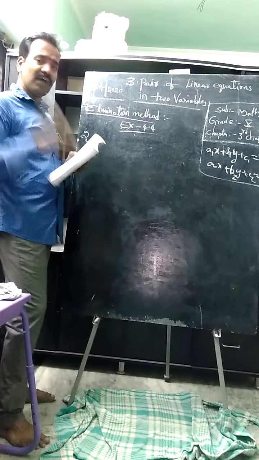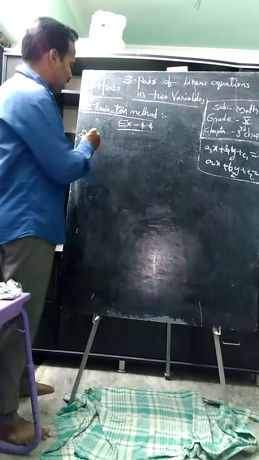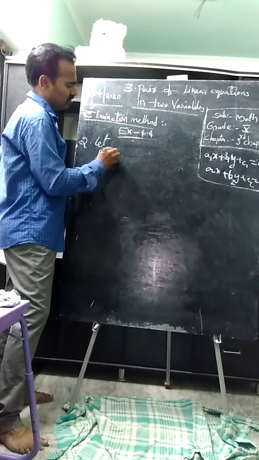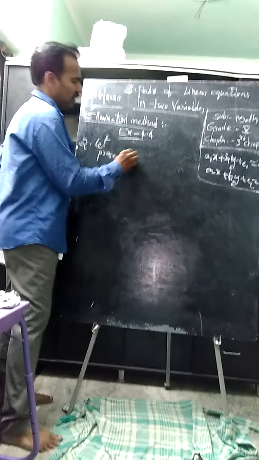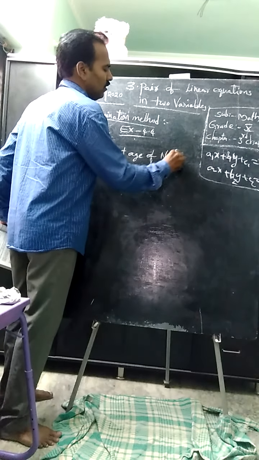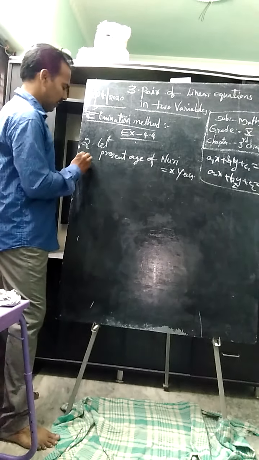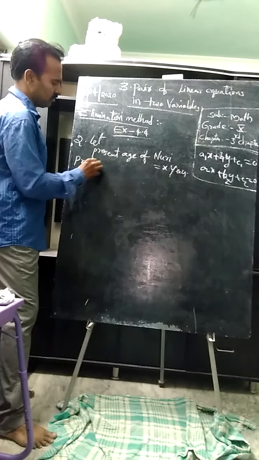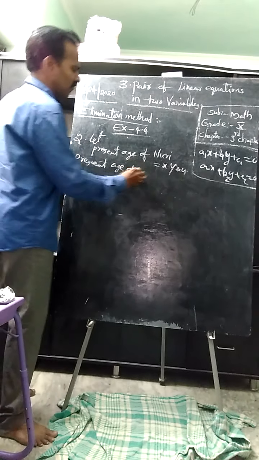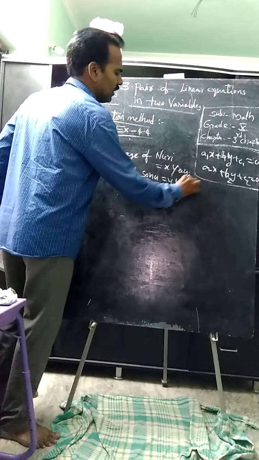Here it's given that 5 years ago. Actually, we don't know the present age of Noori or Sonu. So let me take letters. Present age of Noori is x years, as we don't know that. Next, present age of Sonu equals y years.